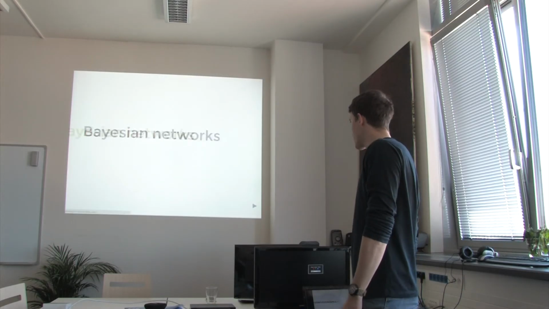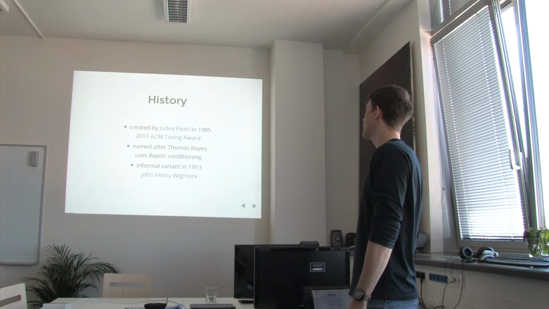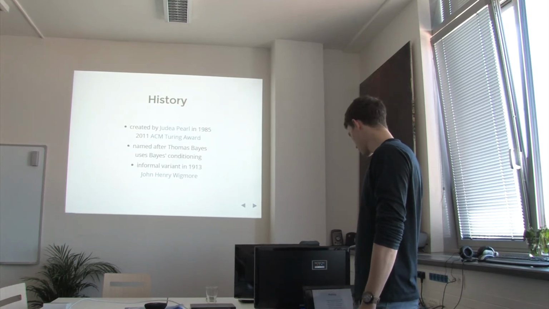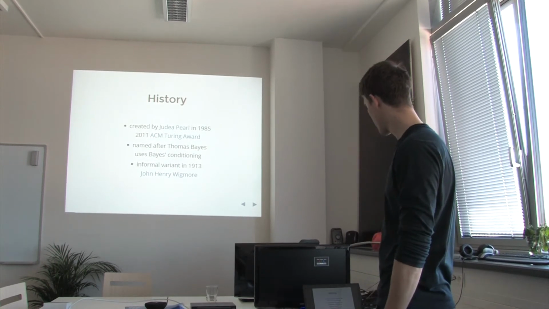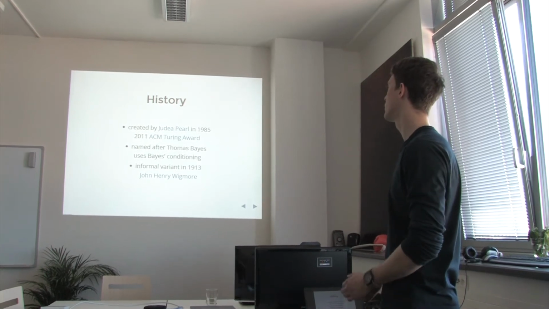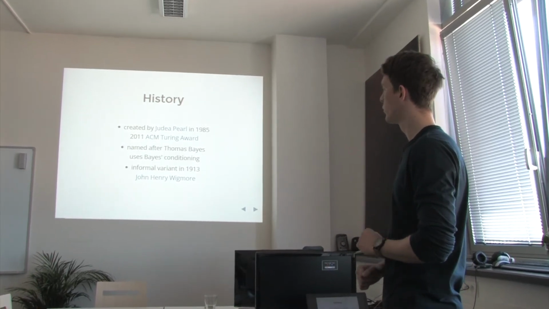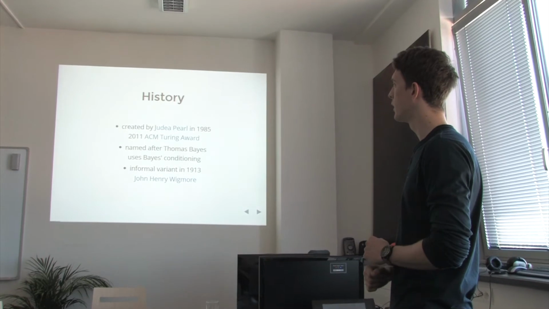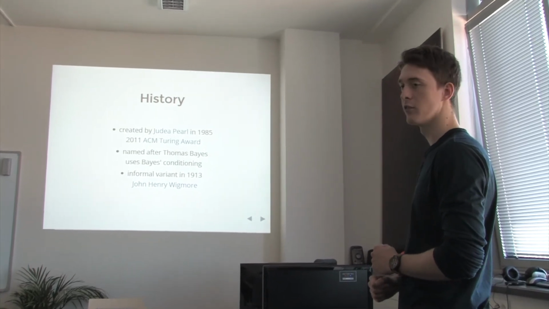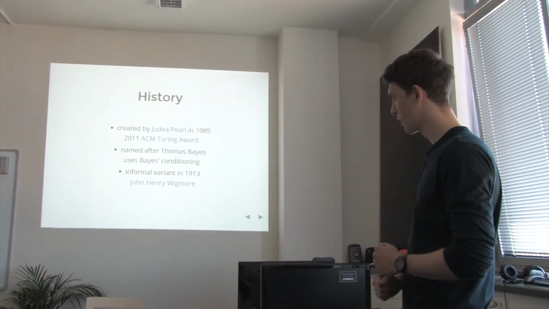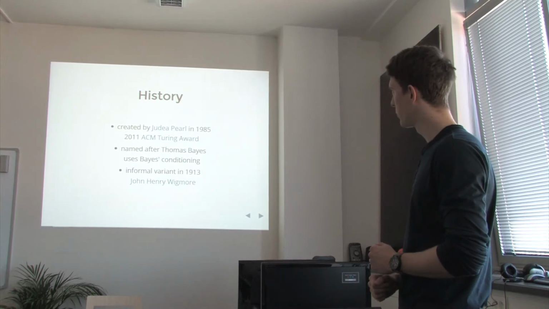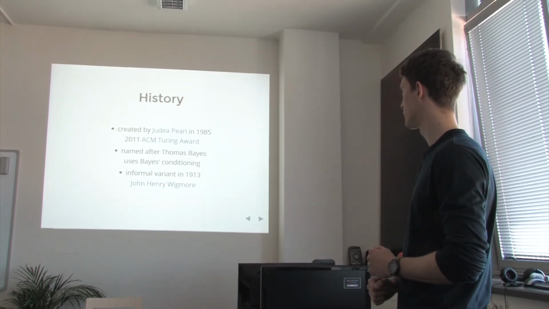So, firstly, we will start with some basic history. Actually, Bayesian networks were created quite recently, 30 years ago, by Judea Pearl. He actually won an ACM Turing Award in 2011 for his contribution to artificial intelligence and probabilistic and causal reasoning.